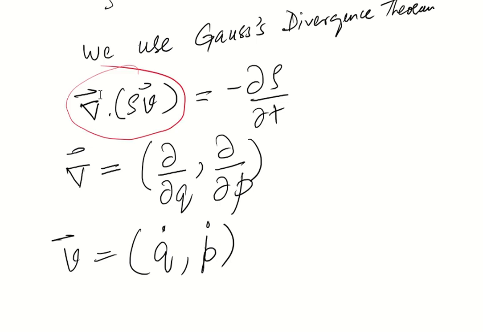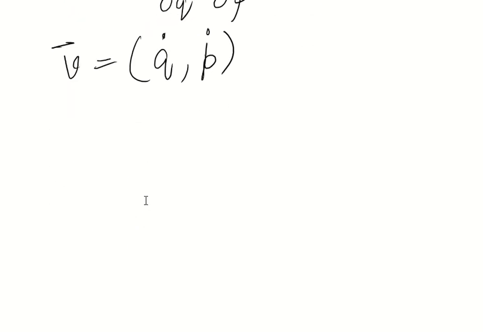Okay, so we can call this equation our equation 5, so that we can use it later. So this is our equation 5 in principle, and now we want to calculate the left hand side of equation 5 using these two.